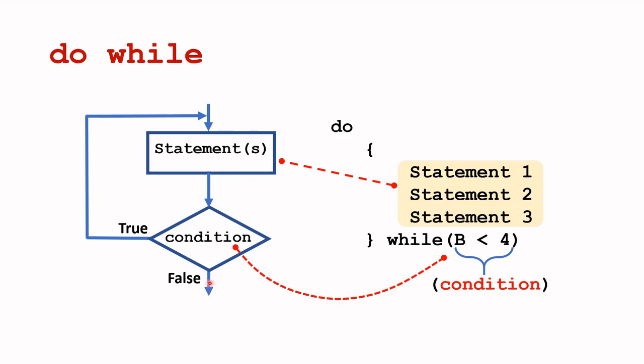And that's it. So let's look at the pseudo code. We have an example here: statement 1, statement 2, statement 3, and if the condition here, which is b less than 4, is true, then this will be repeated. But if it's false, it will exit the loop.